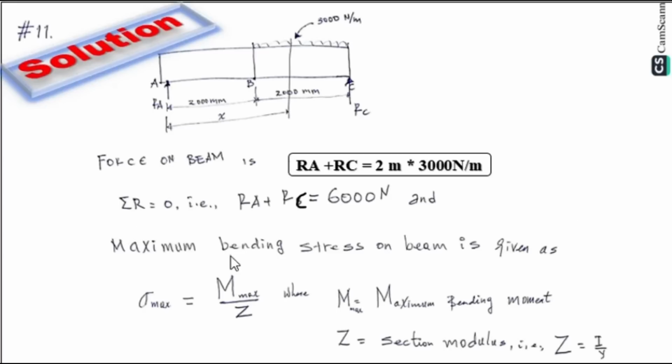We can calculate the maximum bending stress by using this force. The maximum bending stress is calculated as the maximum bending moment over Z, which is the section modulus, and Z is usually calculated as I over Y for a rectangular section.